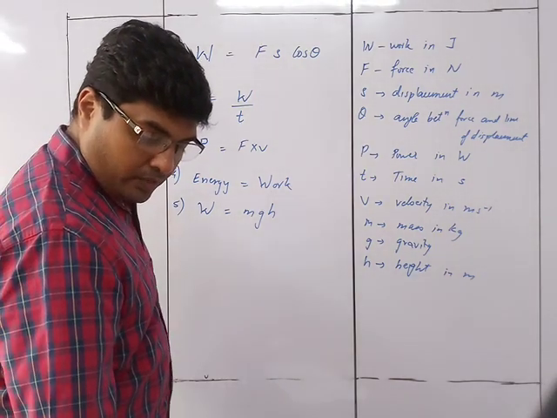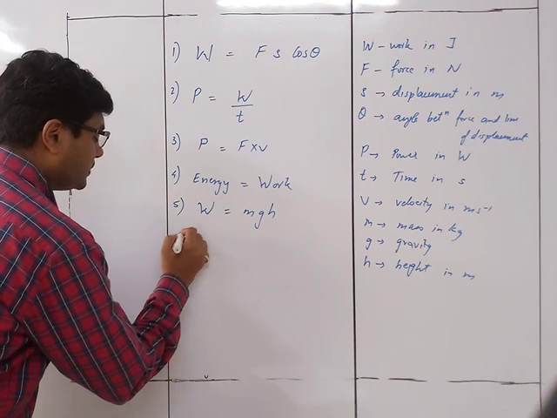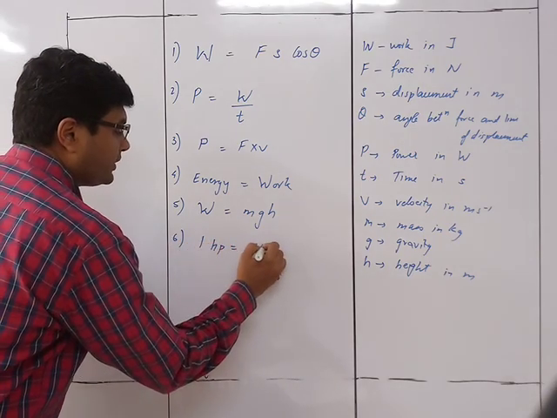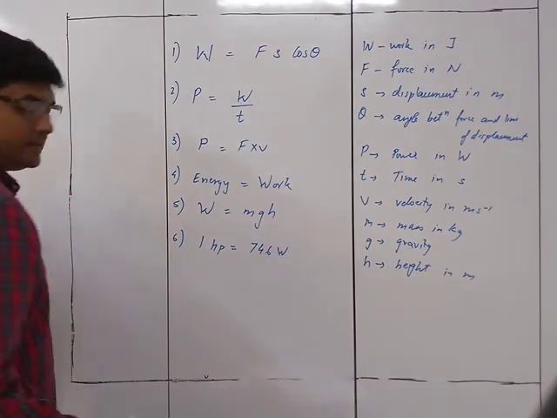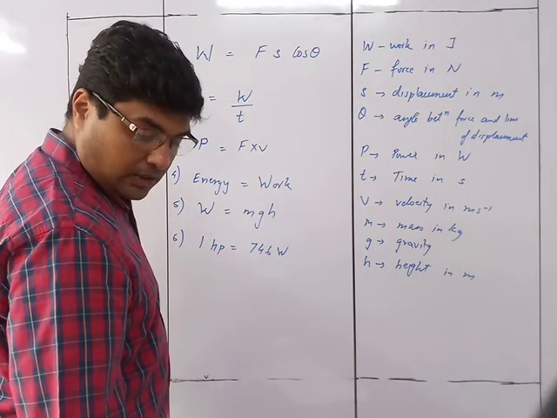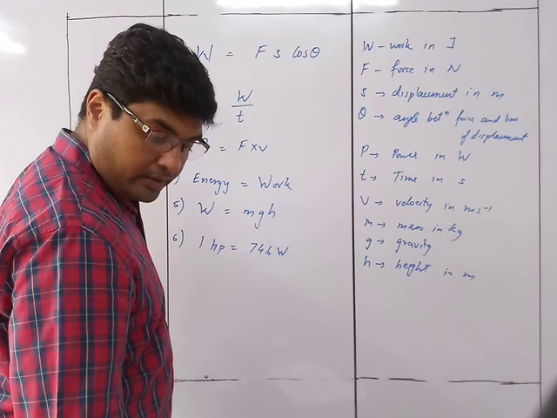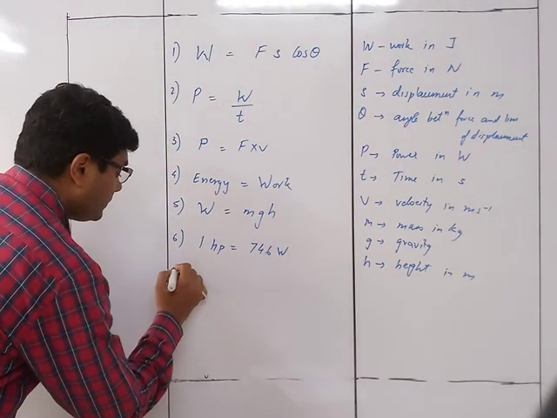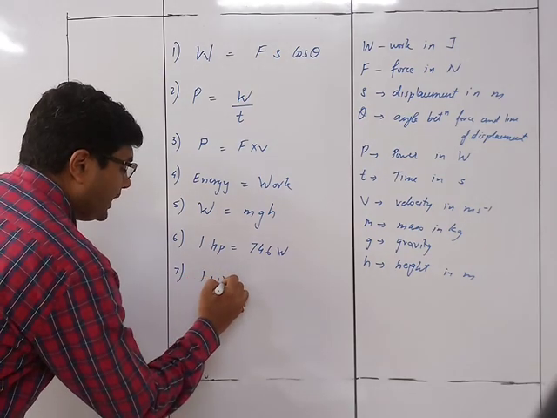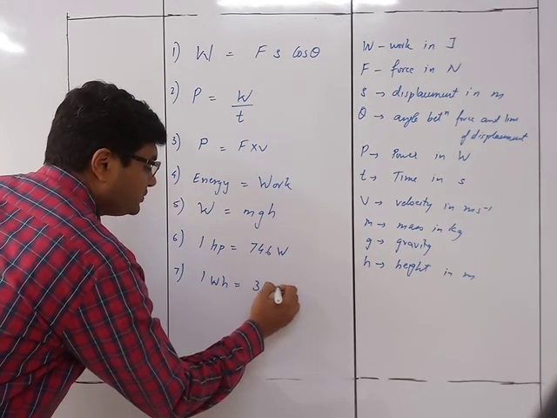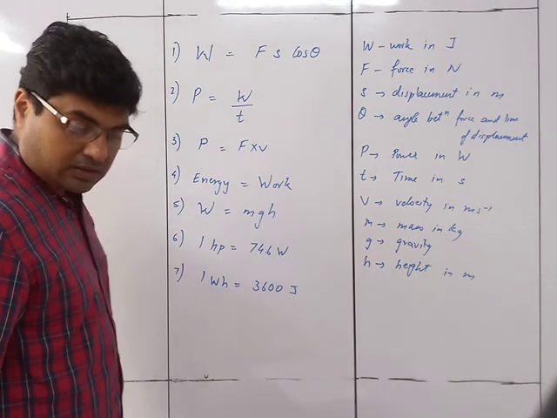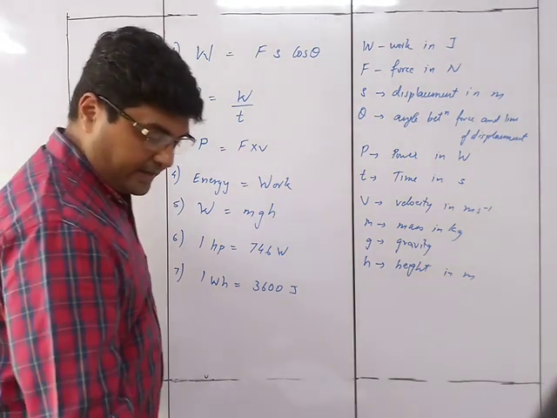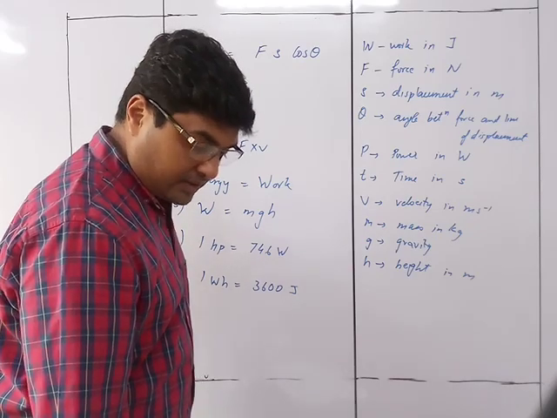What else? We have got some conversions over here. 1 HP is equal to 746 watt. Another conversion which will be required is 1 watt hour is equal to 3600 joule. Others we can write down when we see a particular sum.